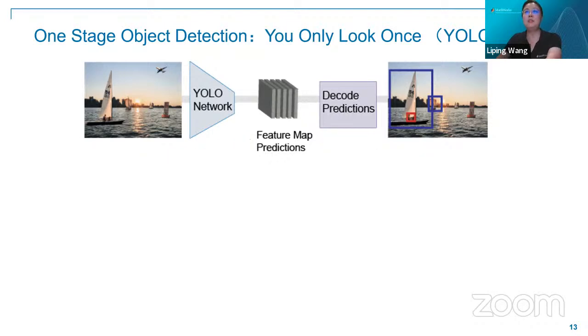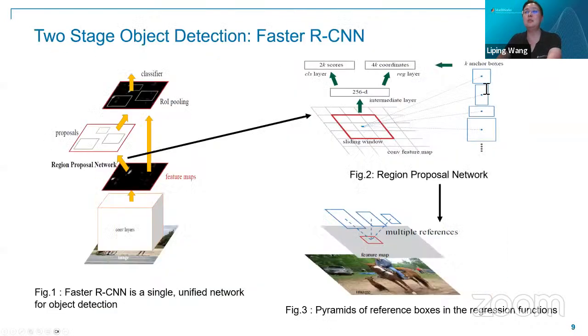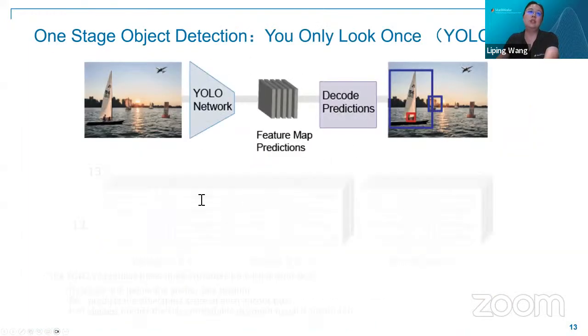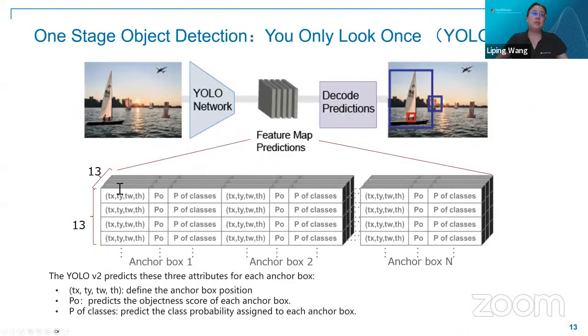As we said before, different anchor boxes could be used as a reference region of interest for each sliding point. So in the YOLO network, the feature map includes 13 multiplied by 13 vectors.